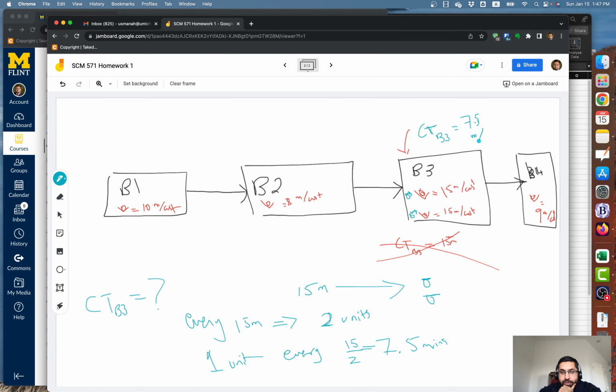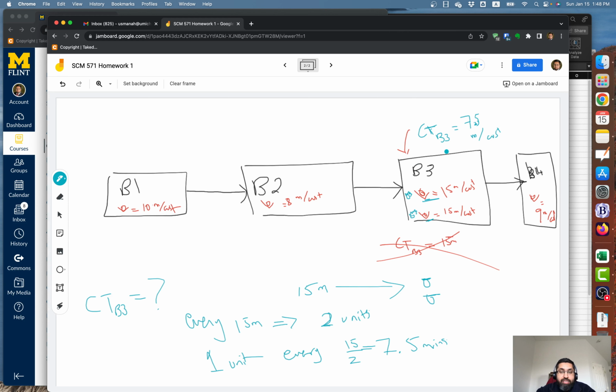So you can just remember it like this: whenever you add servers or stations, the workers, if it's robots, you might add robots. If it's people, you might add people. If it's people plus an equipment, you add people plus the equipment. That's like a workstation. Whenever you add workstations, servers, workers, whatever you want to call them, as long as they can work independently and in parallel, the effective cycle time goes down.